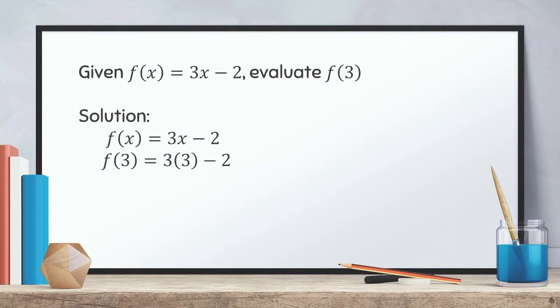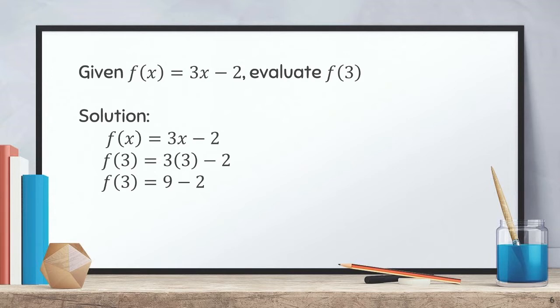So our equation right now is f of 3 equals 3 times 3 minus 2. And all we have to do is to just simplify that equation. So f of 3 equals 9 minus 2 because 3 times 3 equals 9.